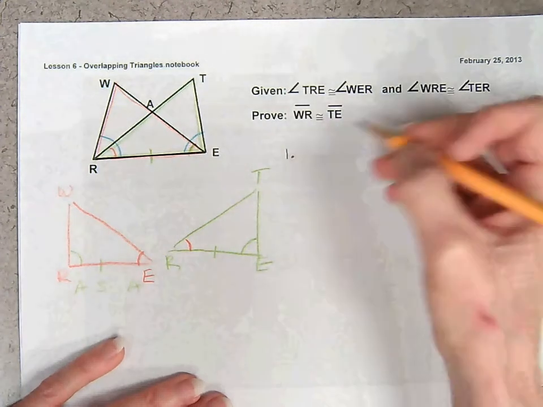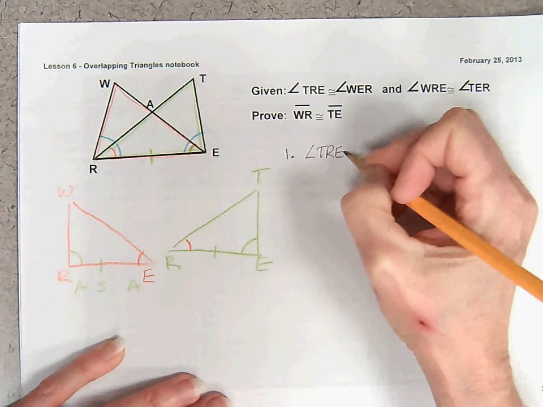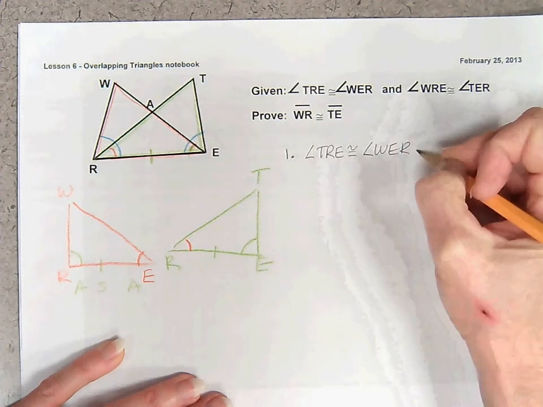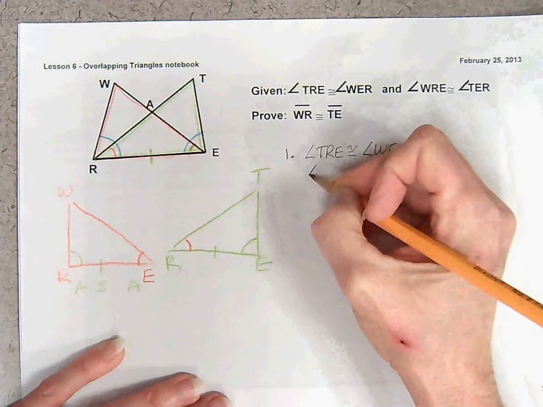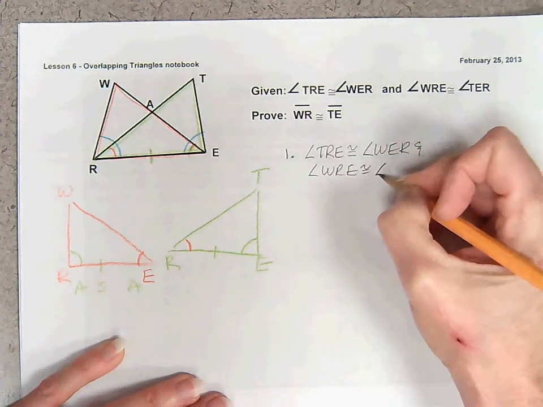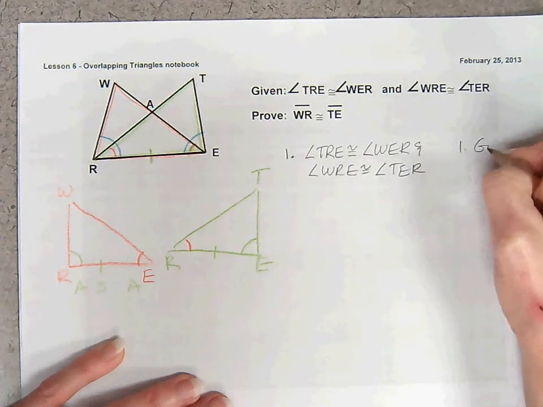So our first statement is always going to be our given. Angle TRE is congruent to angle WER, and angle WRE is congruent to angle TER, and that is given.